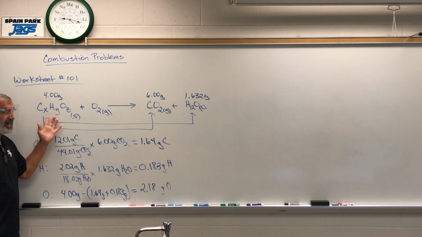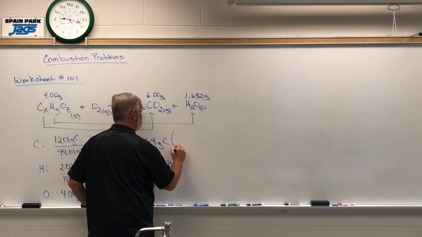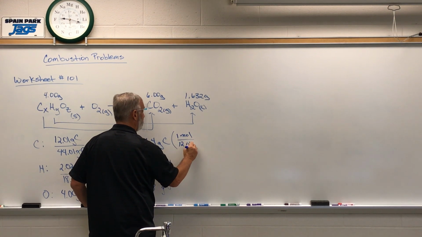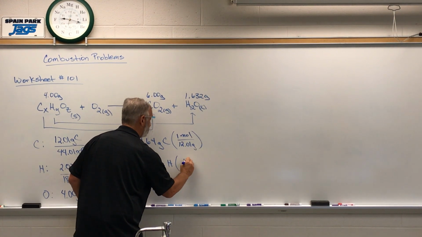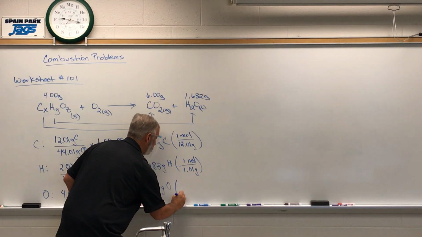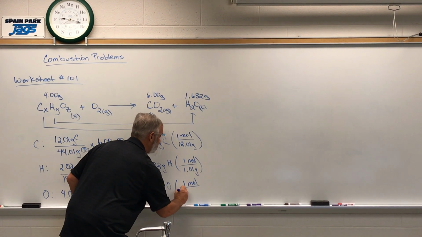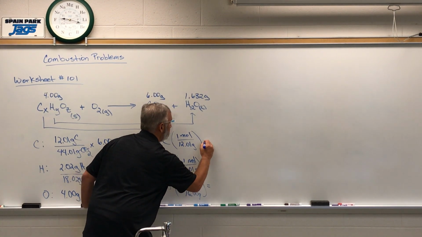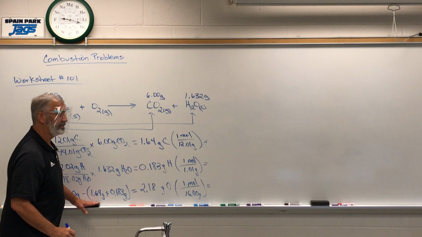But once we have that, now it's going to be times 1 mole over 12.01 grams, 1 mole over 1.01 grams, 1 mole over 16.00 grams. What about the O2?